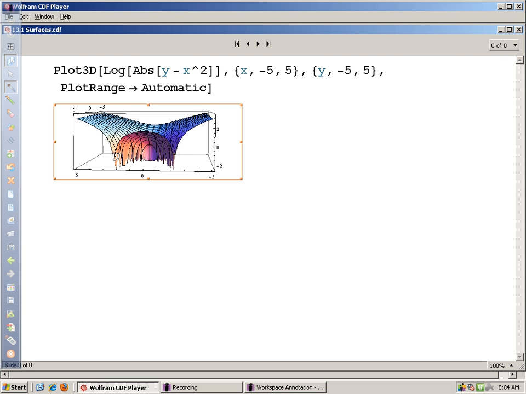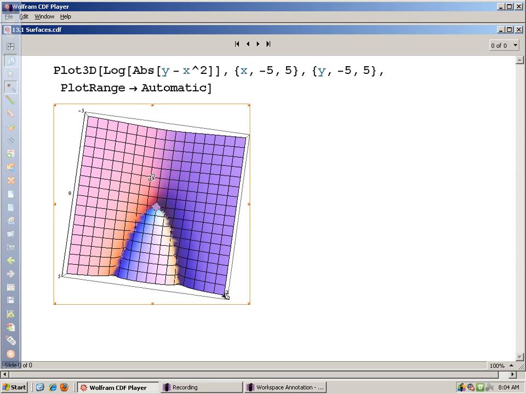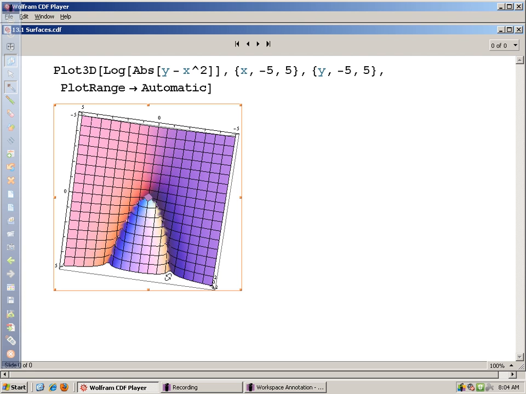So it's kind of like having an asymptote, but our asymptote is kind of like a curve. So our function would be undefined along that curve, right along here.